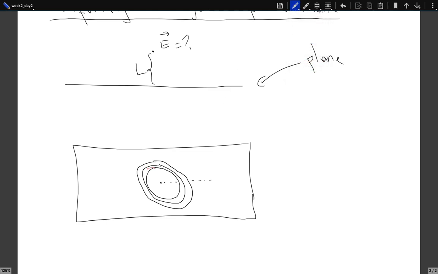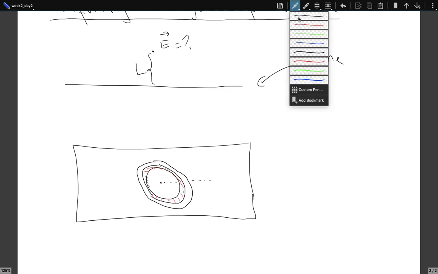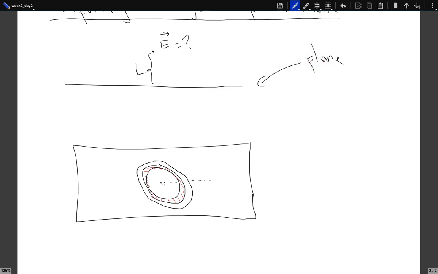Let me pick up this one. Let me name its radius to be r. It has some thickness, let me call the thickness dr. And let me also call the surface charge density sigma.